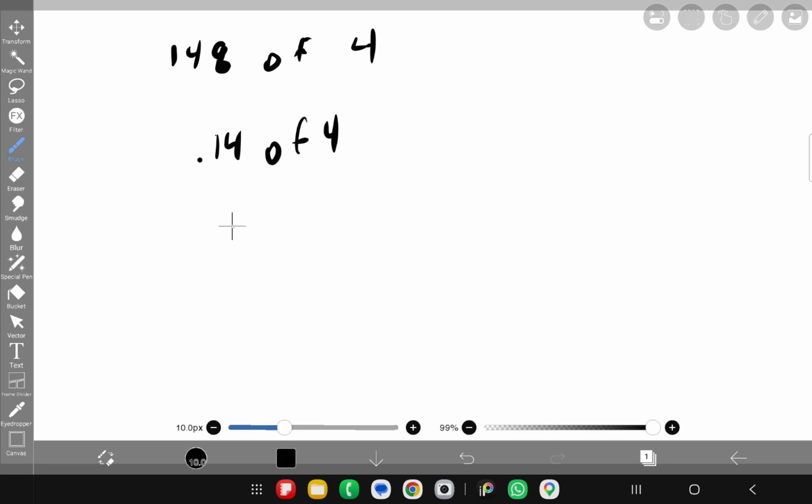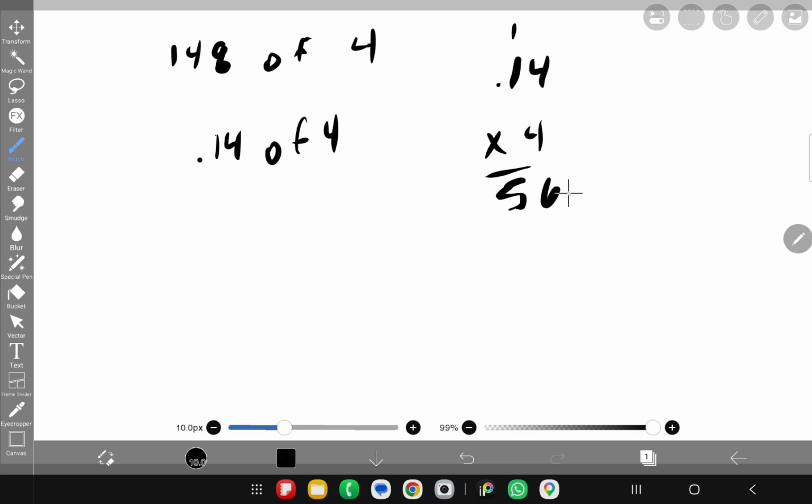So you take 0.14 times 4. 4 times 4 is 16. 4 times 1 is 4, and we add the carried 1 over, so it is 56.